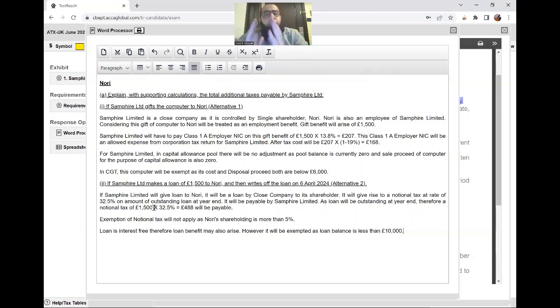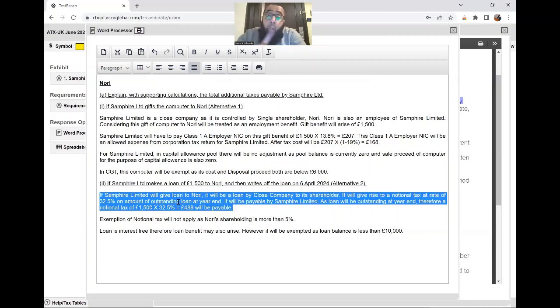If you don't remember, open the summary notes and just revise it. Okay. A notional tax of 32.5% is payable. Now, the loan was given in 2022 and it will be written off in 2024. We haven't discussed the written off situation yet. Okay. Now, when the loan was given, a 32.5% deposit will be payable.